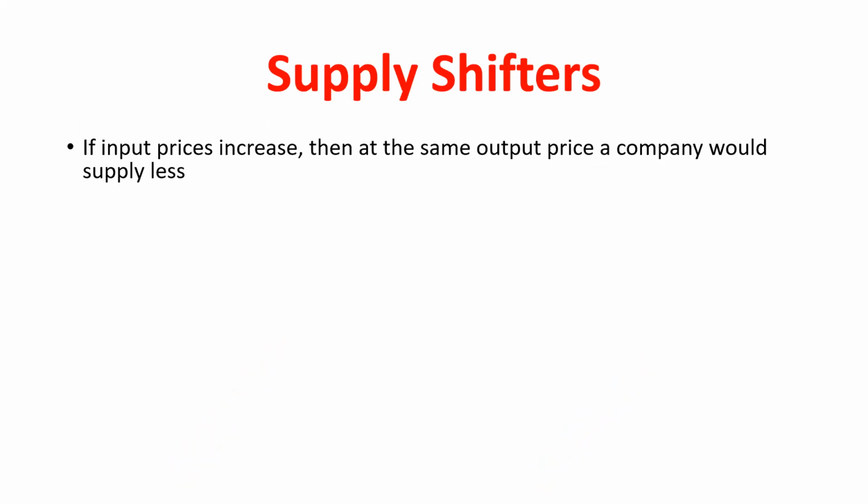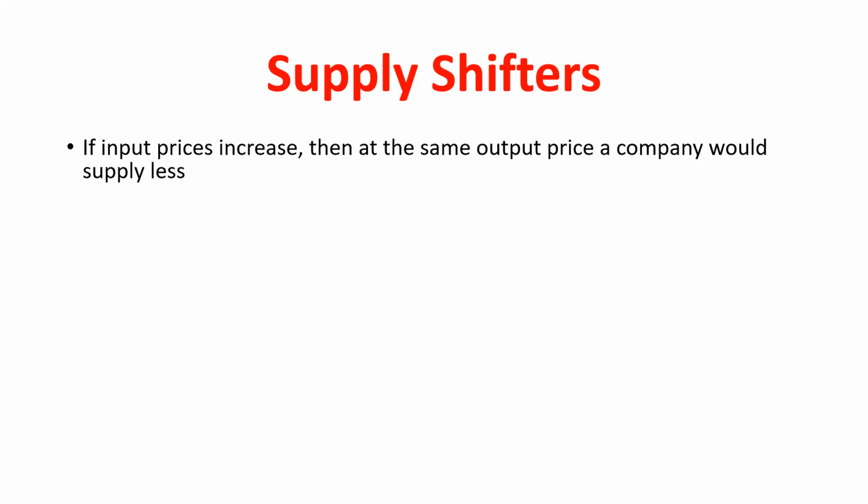Now let's say my input prices go up to $20. Well, now it's costing me $20 to make this product. The price is still 10. Instead of providing one to the market, I'm going to provide 0, right? So anytime we see input prices go up, we can think about this as a decrease in supply, because intuitively, if it's costing me more to make that good, I'm likely going to supply less of it to the market.